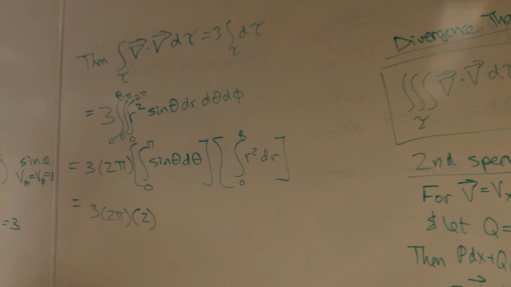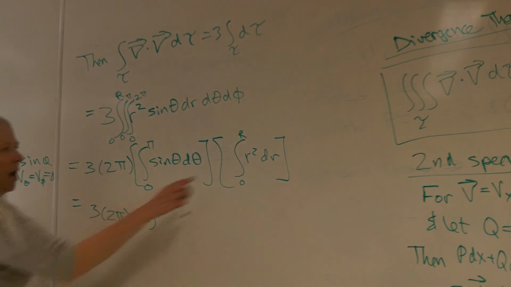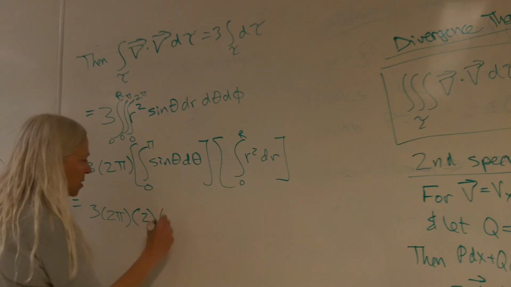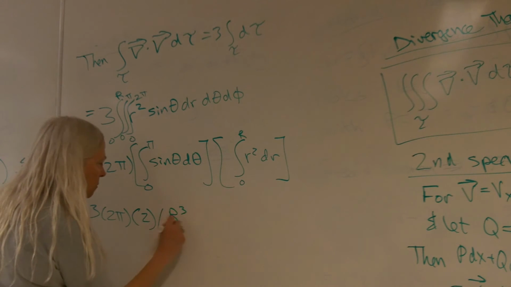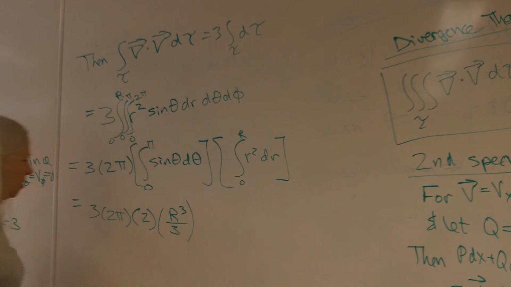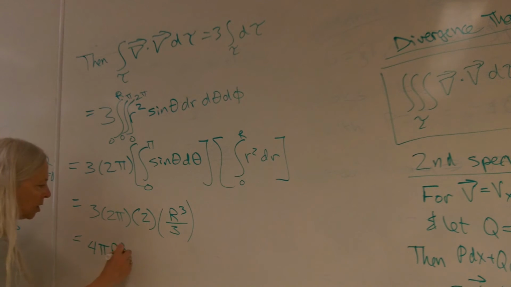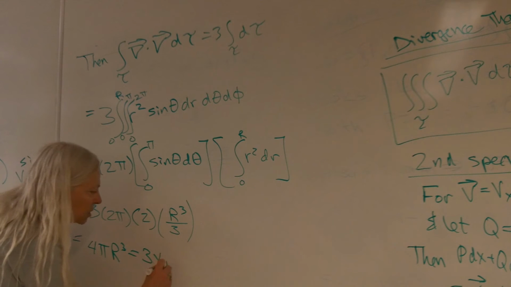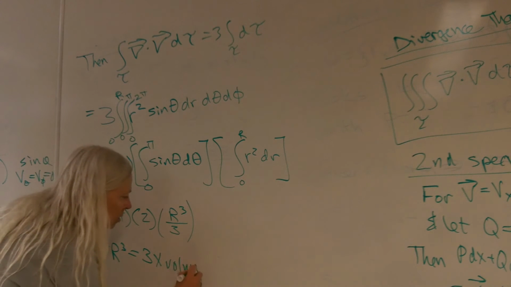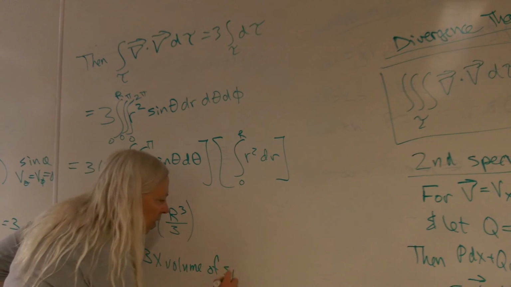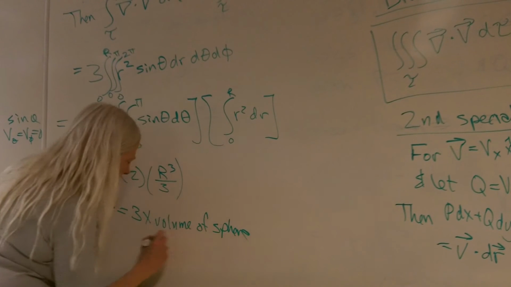Let you check that that gives you 2 if you do that. And of course, this one gives us capital R cubed over 3. That 3 cancels with the 3 out in front. So we have 4 pi capital R cubed. Notice that this is just 3 times the volume of a sphere of radius capital R.